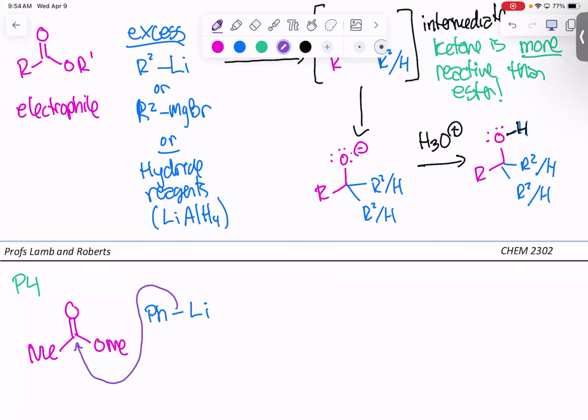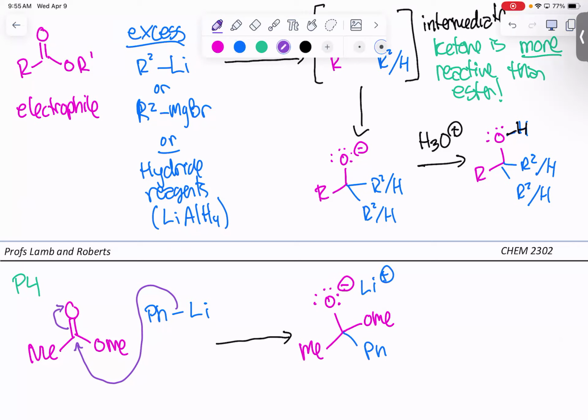We're going to attack that C=O, break that C=O double bond. This is exactly what you've seen before for organometallic reagents reacting with ketones. We now have made a new carbon-carbon bond. And we have our oxygen that is now anionic with our lithium salt as our counterion.